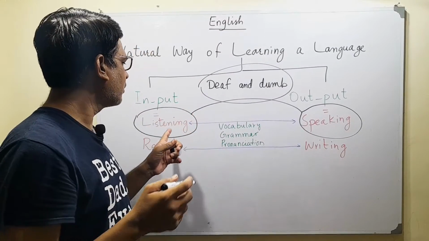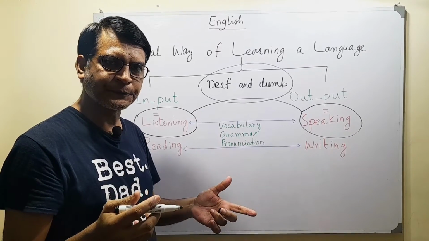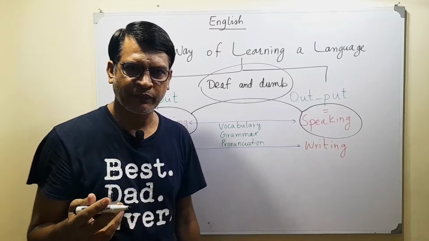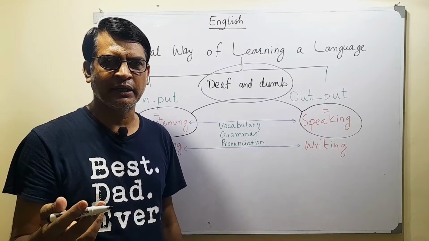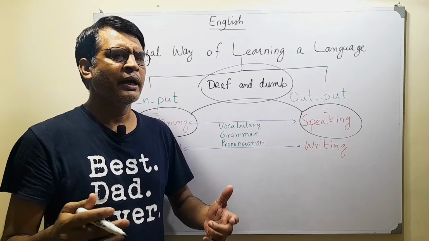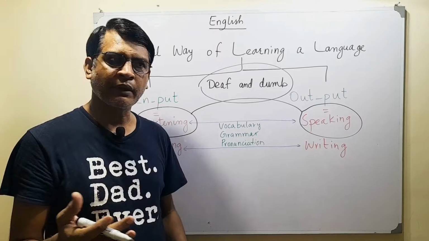So when you listen to a language, for example, you listen to the English language a lot, you give a lot of input to it. What do you listen to naturally? Like I said, your parents, your siblings, the people around you, and when you grow up, you also listen to music and to your teachers.